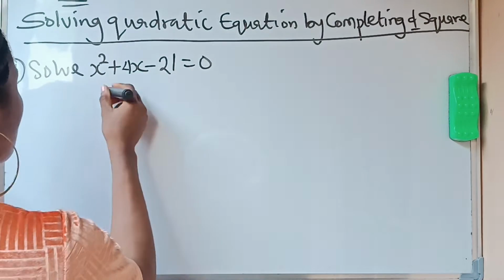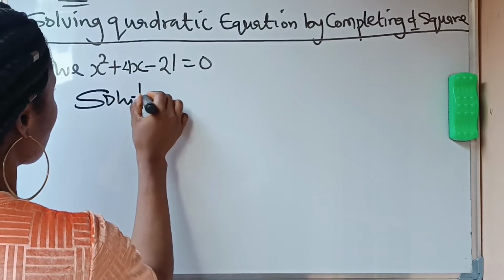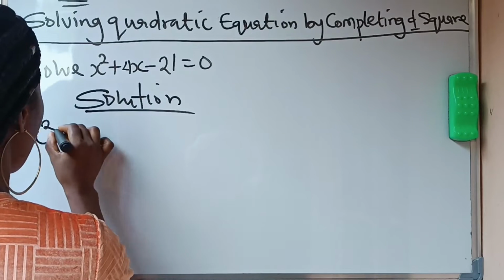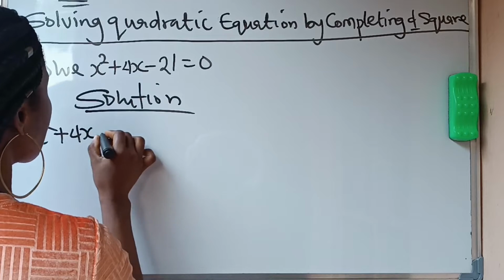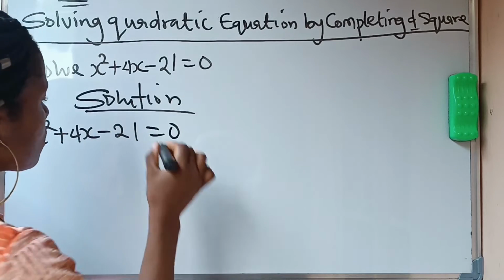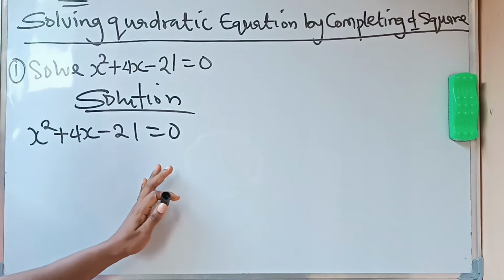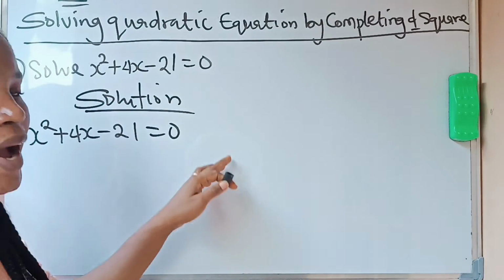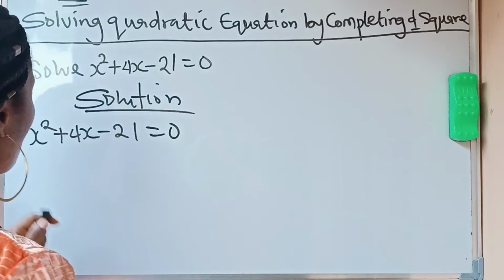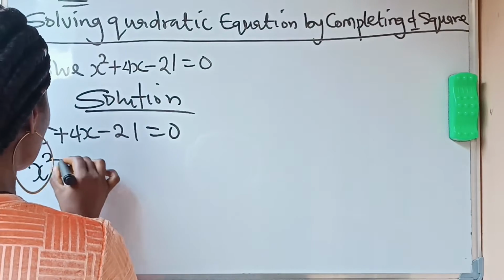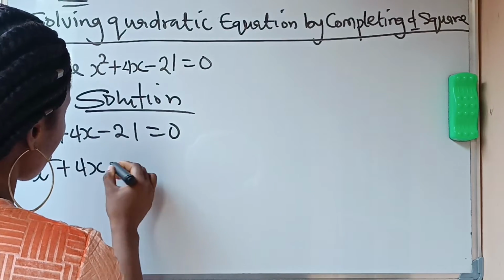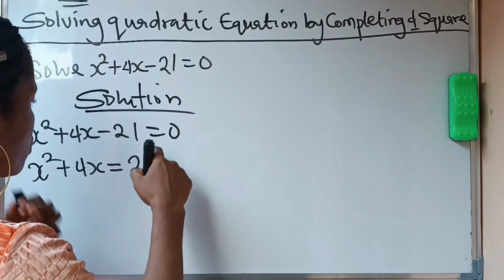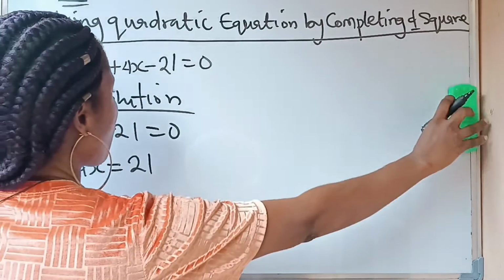Solution. You have x squared plus 4x minus 21 is equal to 0. You should shift your constant to the right hand side of the equation. So I'm now going to have x squared plus 4x is equal to 21, because if this negative sign crosses the equation, it will become positive.